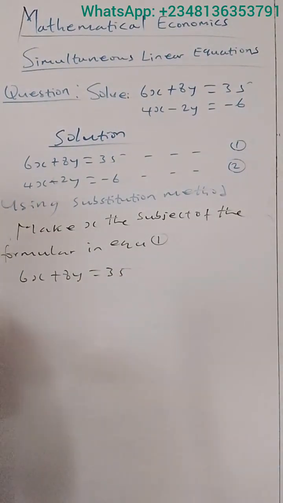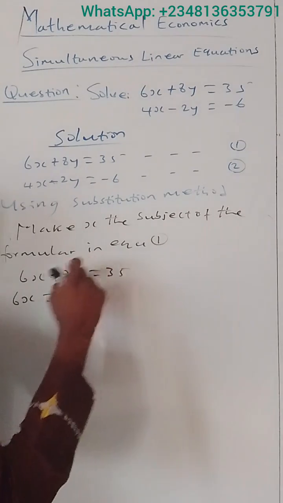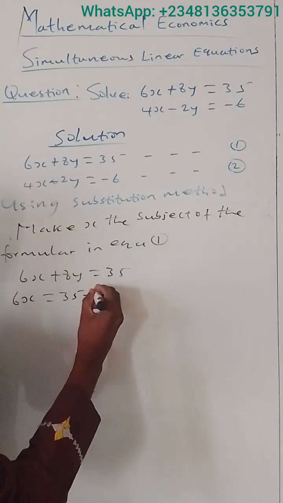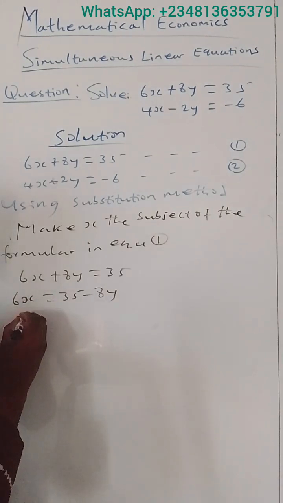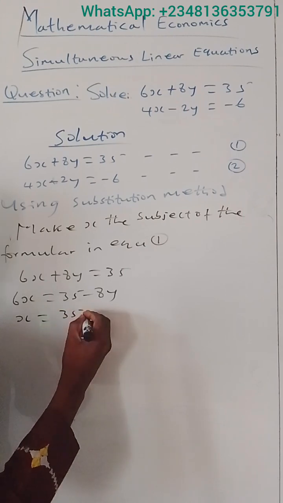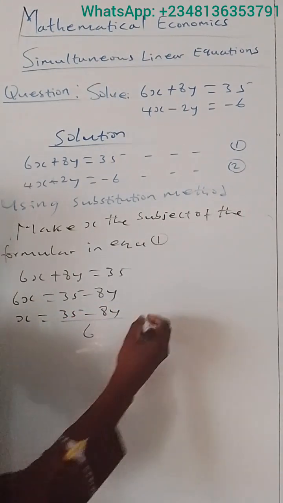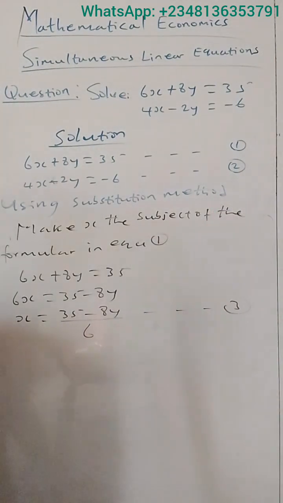If I have to make x the subject of formula, I'm going to write 6x, then I take this other term to the other side. To the other side, I have 35 minus 8y. Then I divide both sides by 6, then I have x equals 35 minus 8y over 6. We call this equation 3 because 3 comes after 2.